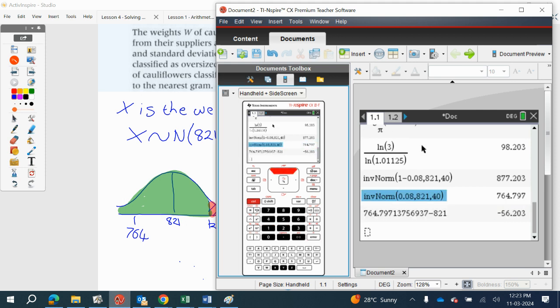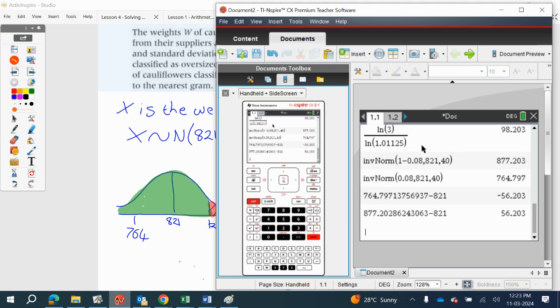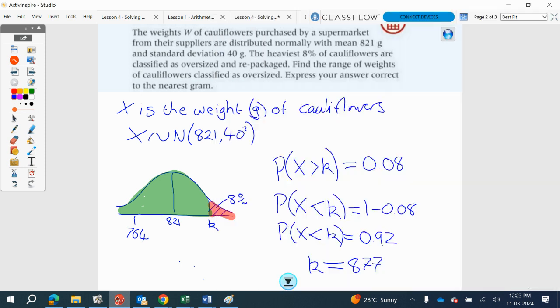If I take this number here and subtract 821, I get 56 the other way. Notice the symmetry of the diagram and the symmetry of the situation. You can use this symmetry to solve some of the harder problems where you're not given numbers, you're just given letters, and it'll help you with your problem solving.